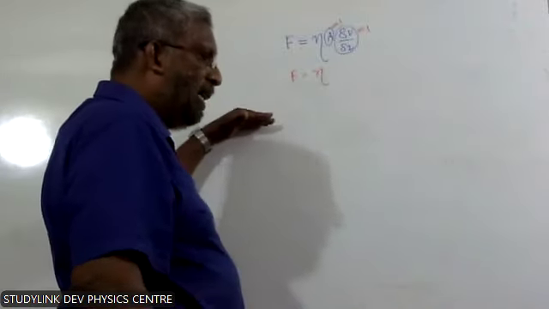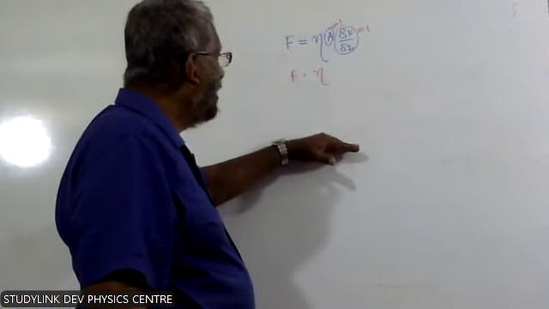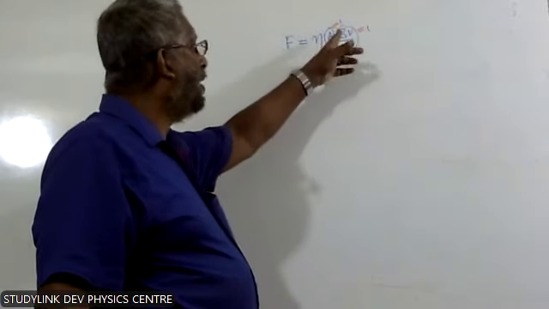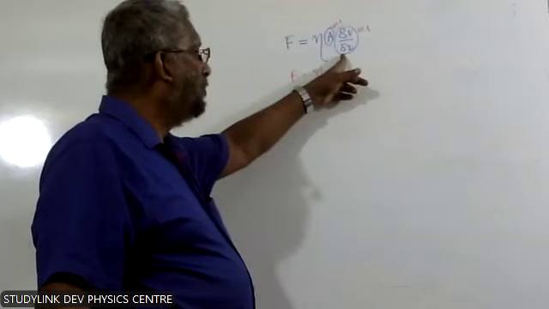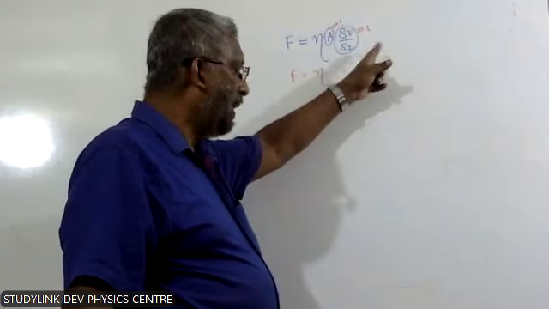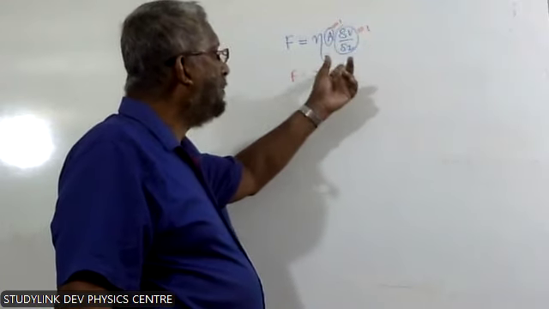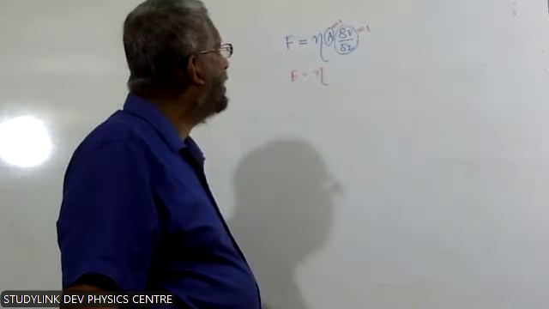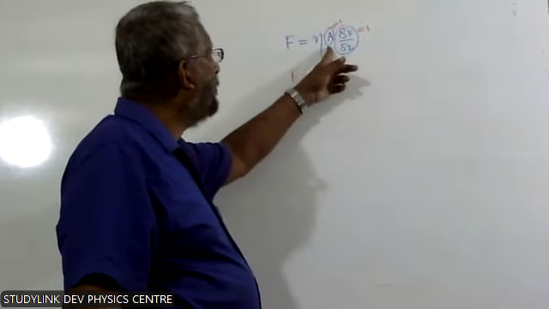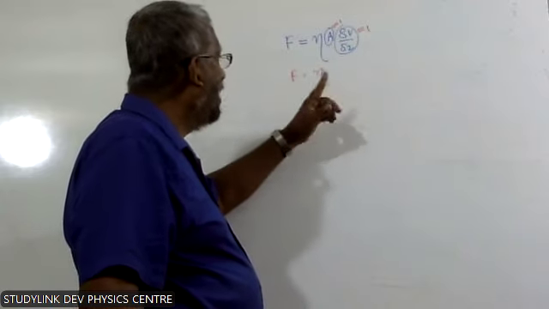When there is a flow of liquid as laminar and the velocity gradient between the two laminae is 1, that means unit velocity gradient and unit overlapping area, then F is equal to eta.